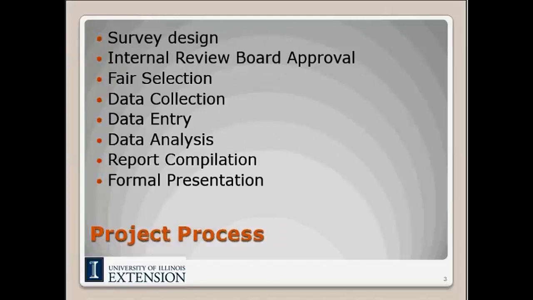So we wanted to give you all an overview of the project process. Once we had solicited a wonderful graduate student, Alex, to assist us, we worked through some of the initial stages of this process. We came up with the survey design. Well, we didn't come up with the survey design.